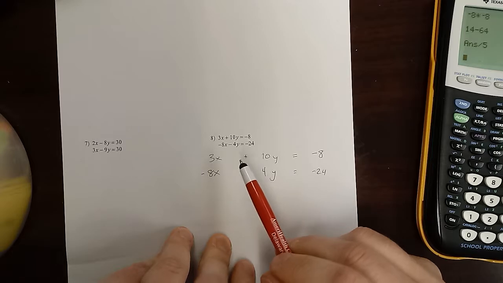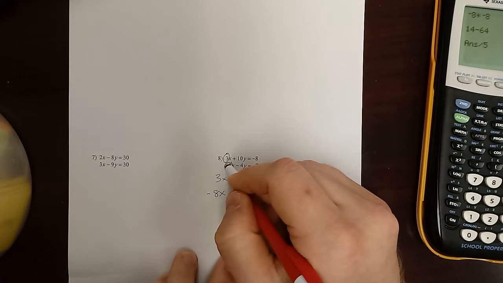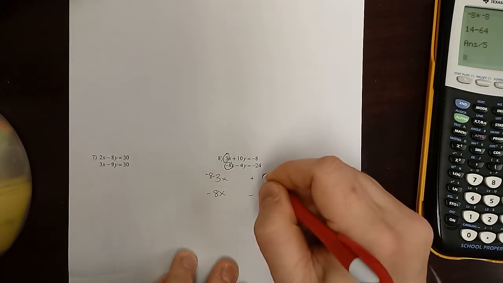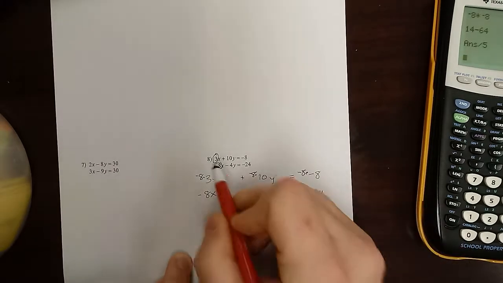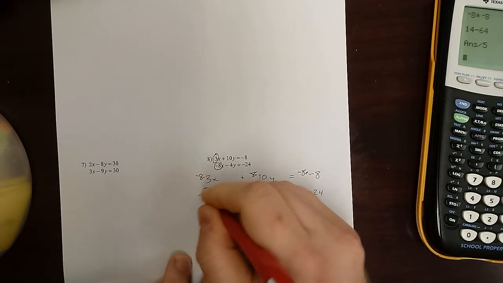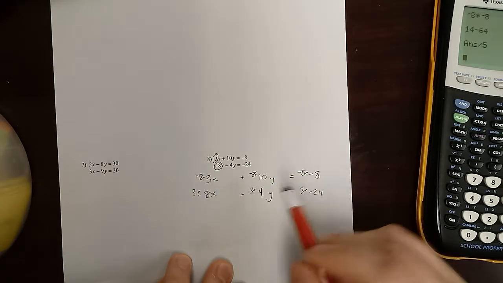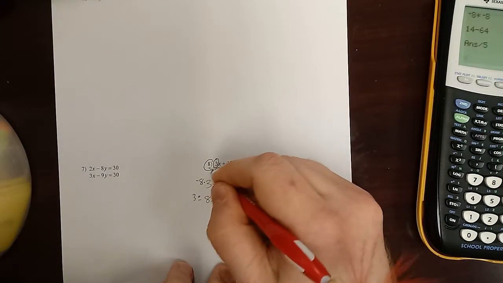So what we're going to do here is I'm going to take the 3 and the 8, and I'm going to multiply the negative 8 by each term in the top. And I'm going to take the 3 and multiply it by each term in the bottom. So you switched them basically, or multiply them by each other.